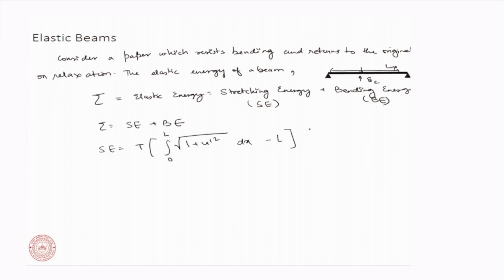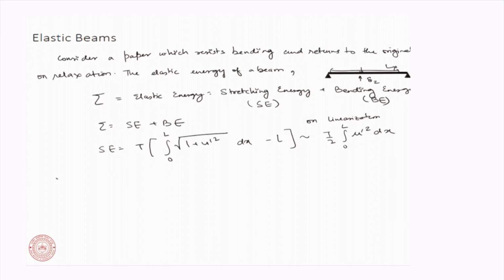So, on linearization, this will be approximated as T by 2 integration from 0 to L of u prime square dx.